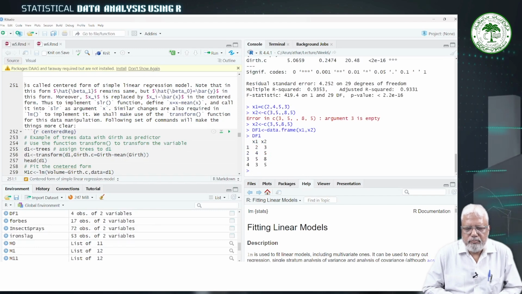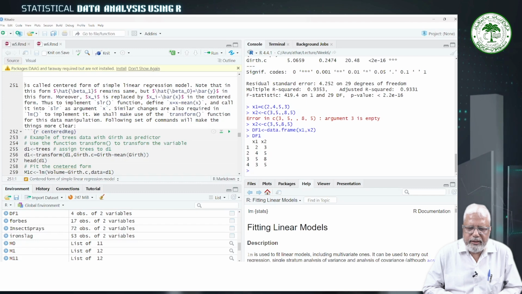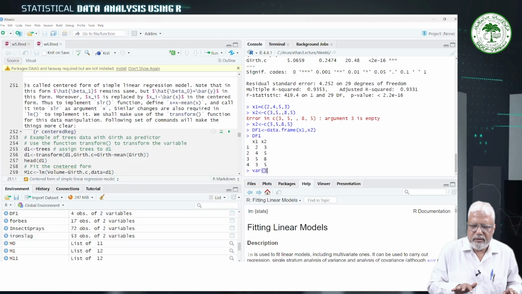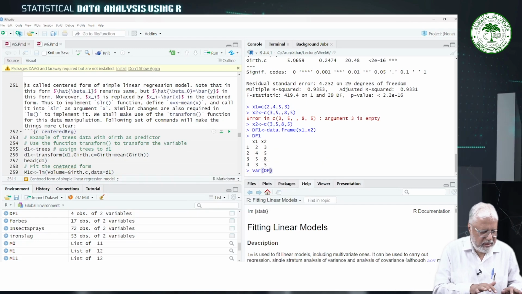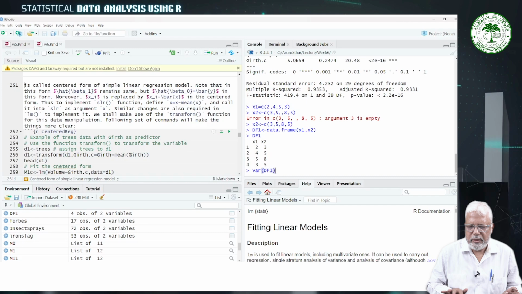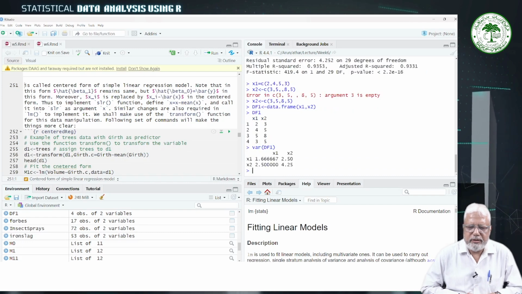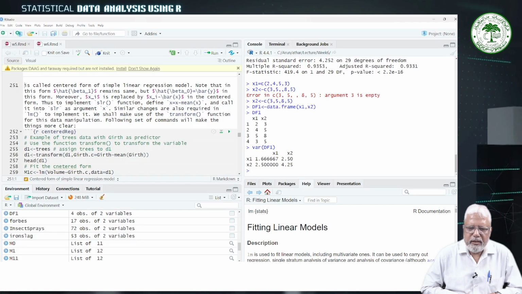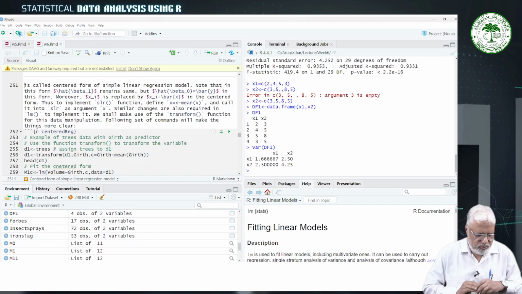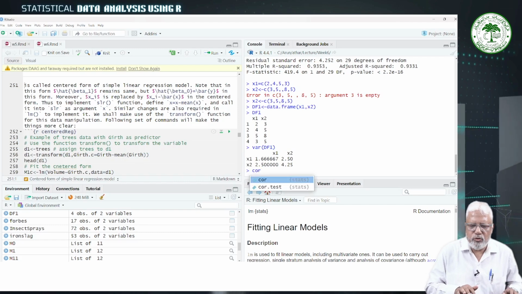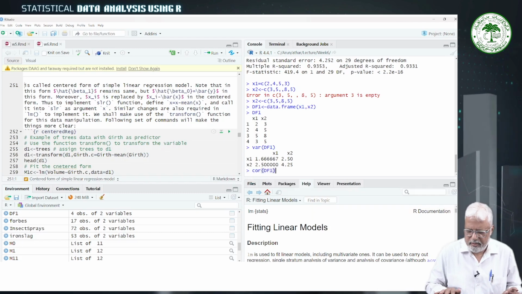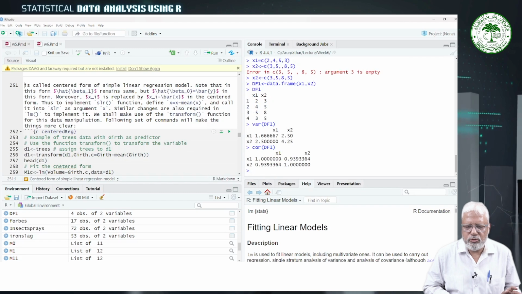Suppose we want to compute the variance covariance matrix of this data frame, so it is var of df1, the variance covariance matrix. And if we want to define a correlation matrix, actually it is cor of df1. So this is the correlation matrix.